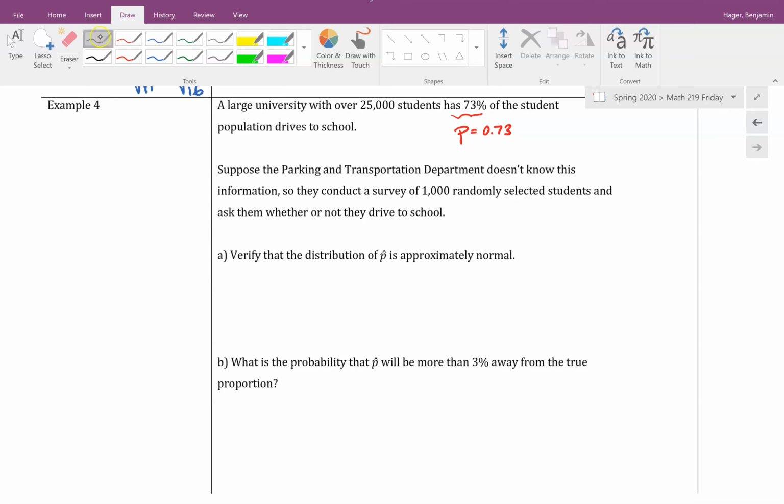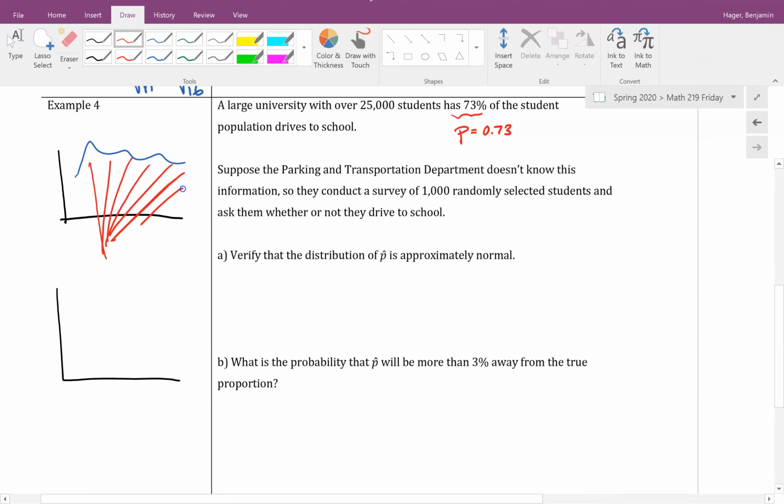So what they're doing is, again, for this original population, we have no idea what it looks like. But they ask 1,000 people, and they find the percentage of those 1,000 people that drive to school. Maybe it's 70%. So they get a sample proportion, and then they go ask another 1,000 folks whether or not they drive to school, and they get a new sample proportion out of that batch, and so on and so forth.